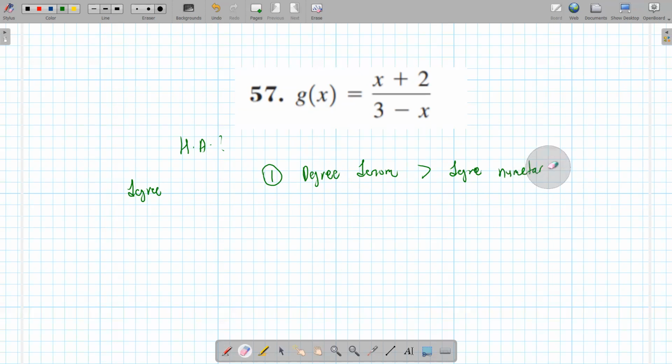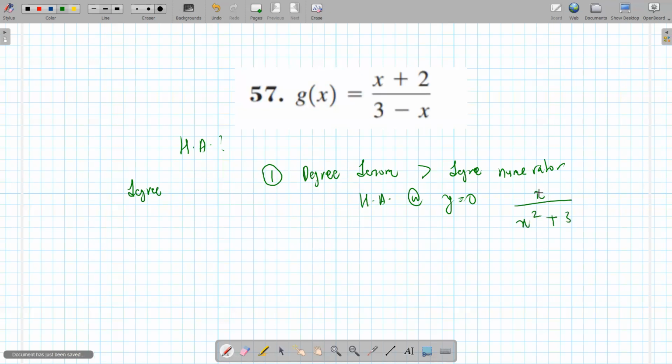Okay, this is one condition. Doesn't apply to this, but when this happens, there is a horizontal asymptote at y equals 0 every time.